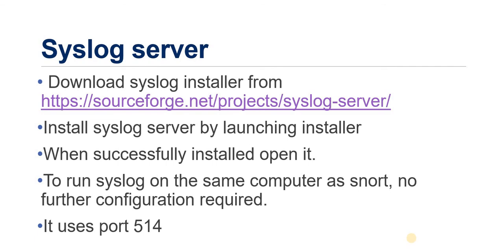Then run that installer. After installing, run the launcher, and after the successful installation, just open it to see whether it is working. To run the Syslog on the same computer as Snort, no configuration is required, and by default it uses port 514. This is the default port.